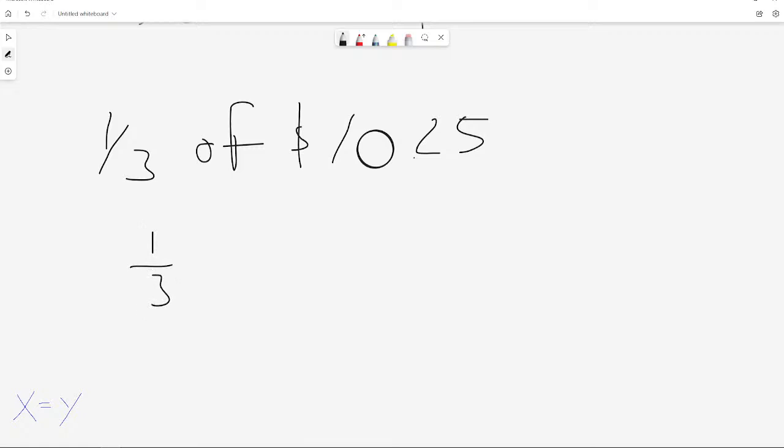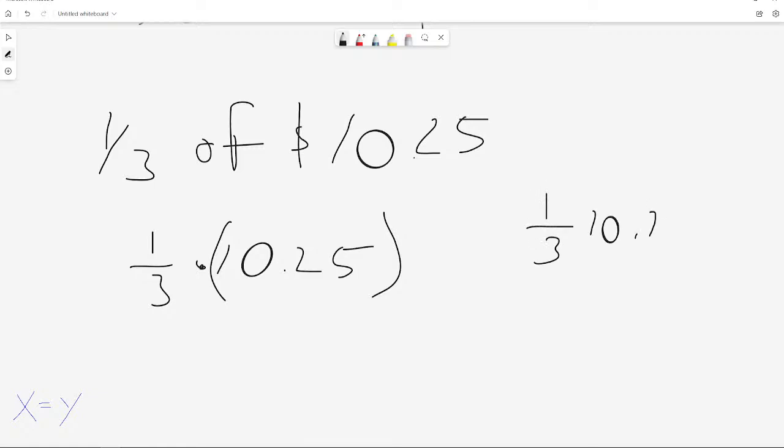Now there's a couple ways you could write this, with the dot and then 1025, or you could put 1025 in parentheses. I believe you can also just do this. It's just given that you're going to multiply. Not sure on that.